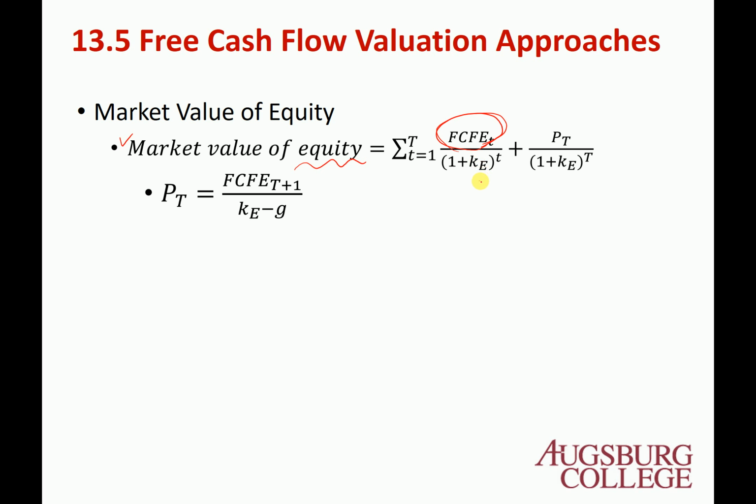Number two, your discount rate, the market capitalization rate, should be the cost of equity, not the WACC. WACC is the overall cost. This is only the cost of equity because this is only about equity holders. So again, you find the terminal value of the equity, bring everything back to the present, and add them up, and that will be the market value of the equity.